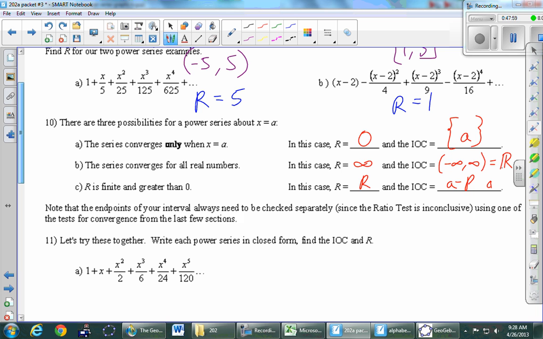It's a minus r, go r to the left, and a plus r, go r to the right. That's how we center it at a, and then you go r in either direction. I've put parentheses like it's not including the endpoints. It depends on the particular series, so those could be closed brackets or one of each.